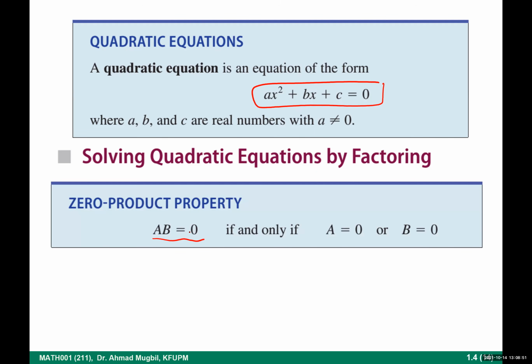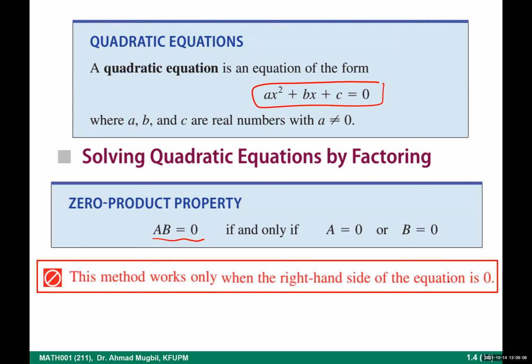The product of two factors, the product of two quantities, is zero if and only if one of them is zero, or both, by the way, but that is already included. So be careful. This property works only if the right-hand side is what? Zero. It doesn't work with other numbers. This is why we call it the zero product property.